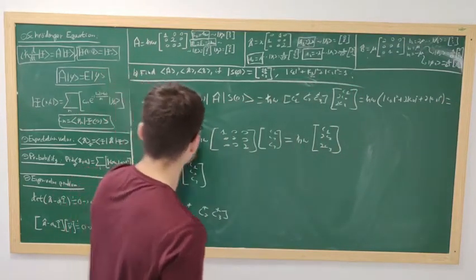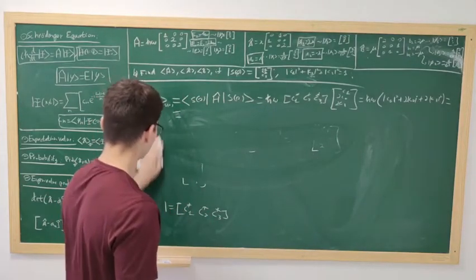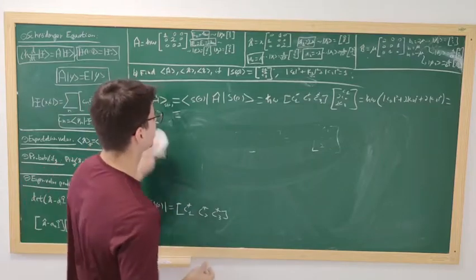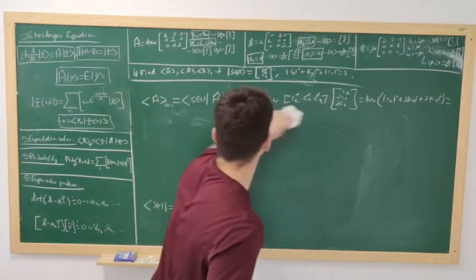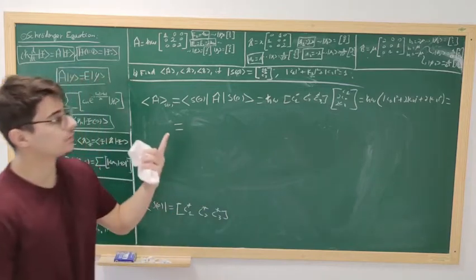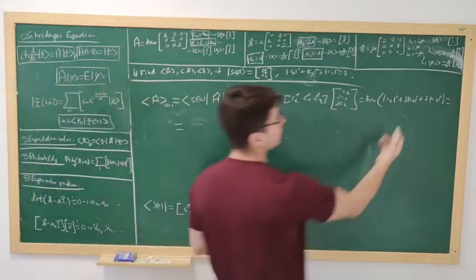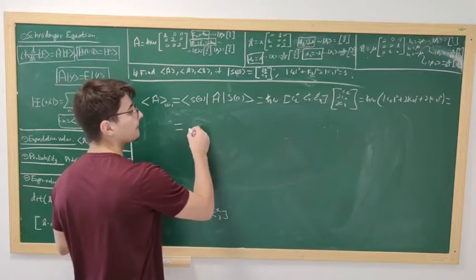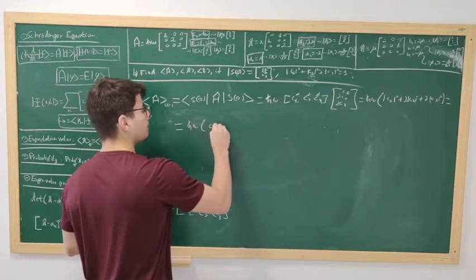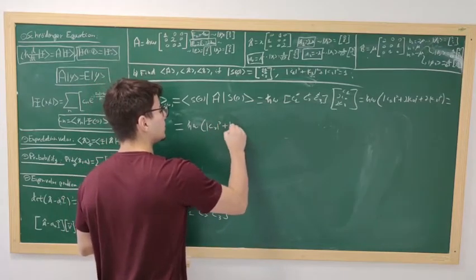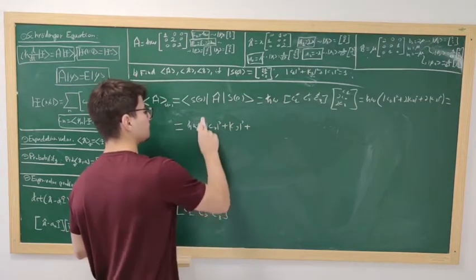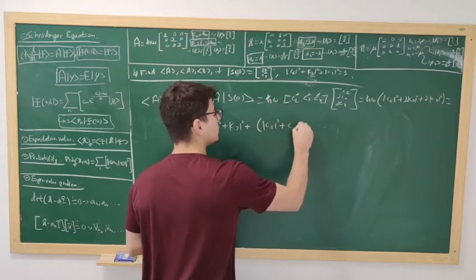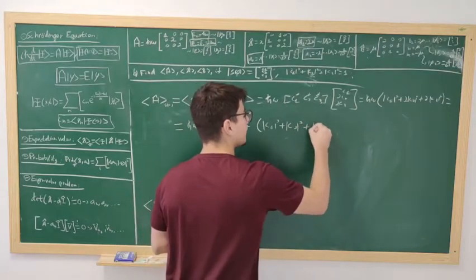So let me just erase this. Well, let me just get this here. We'll need it afterwards. So notice that if we take one C2 out of here and one C3 out of here, we end up with h omega (C2 squared plus C3 squared) plus, let me just write it like this, C1 squared plus C2 squared plus C3 squared.